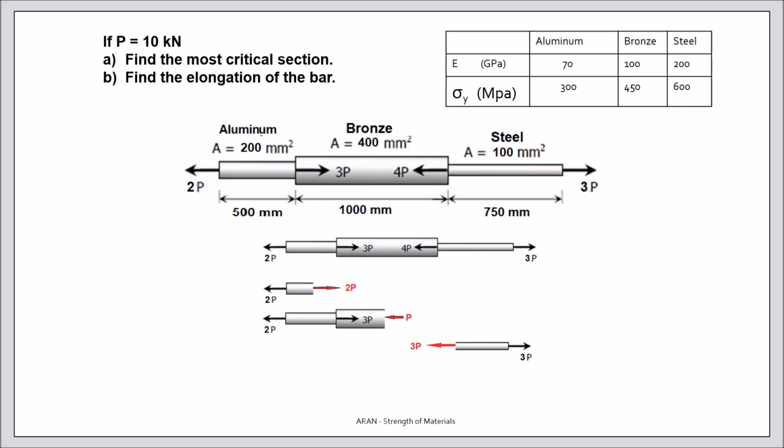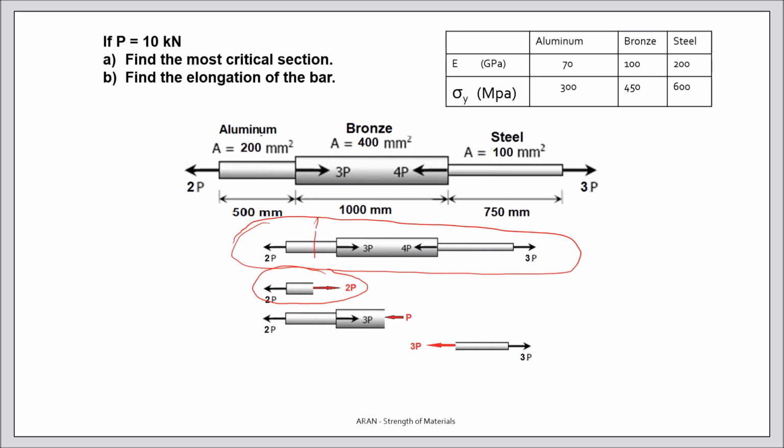We know that we have to calculate the internal forces. For this, this is my loads acting on the rod. In region 1, I make a cut and take the left side.